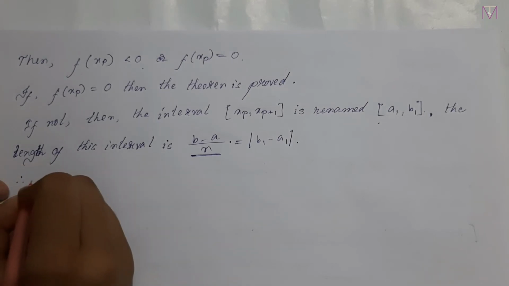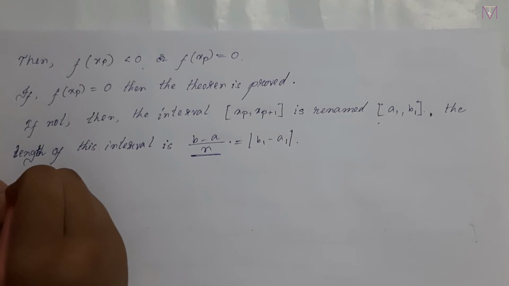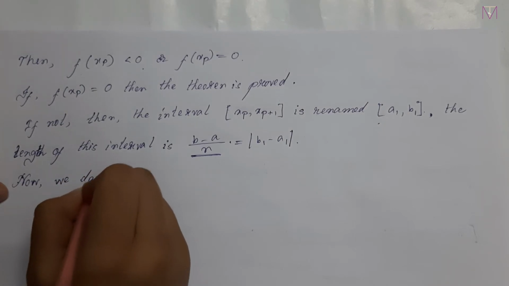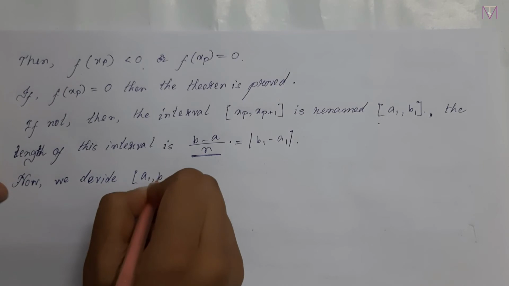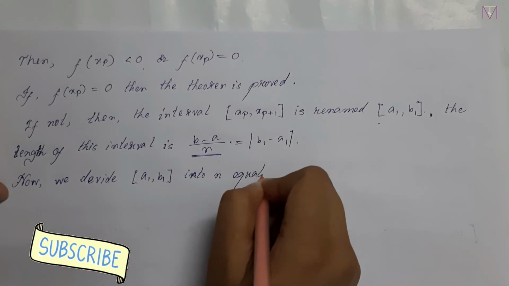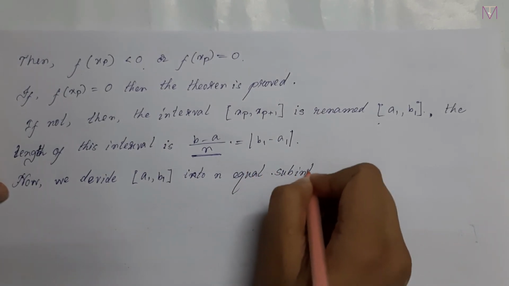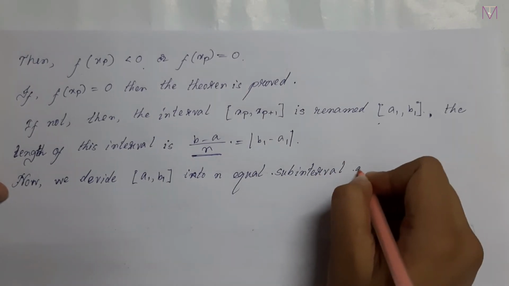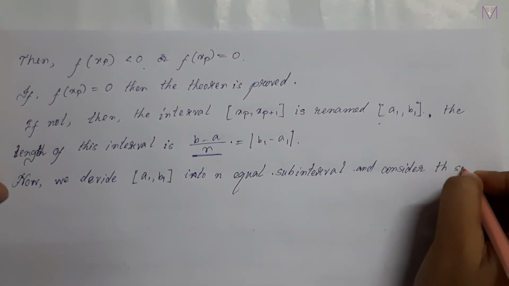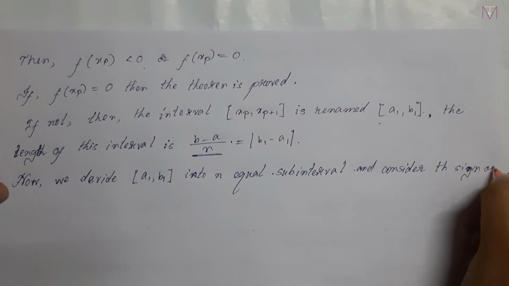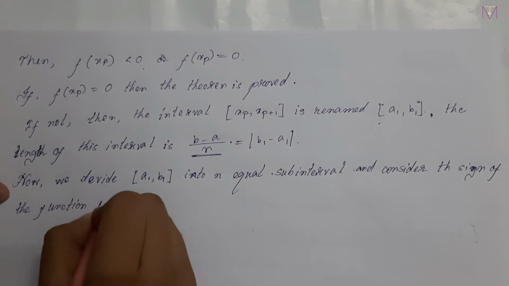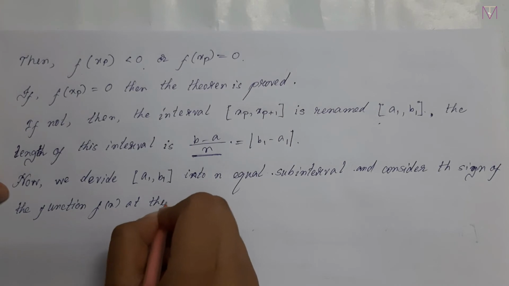Now we divide a1 b1 into n equal subintervals and consider the sign of the function f of x at the points of division.